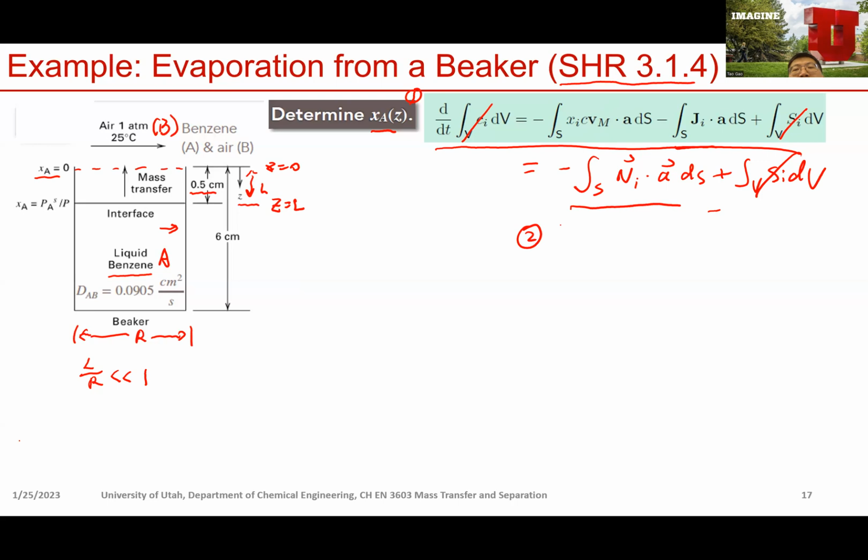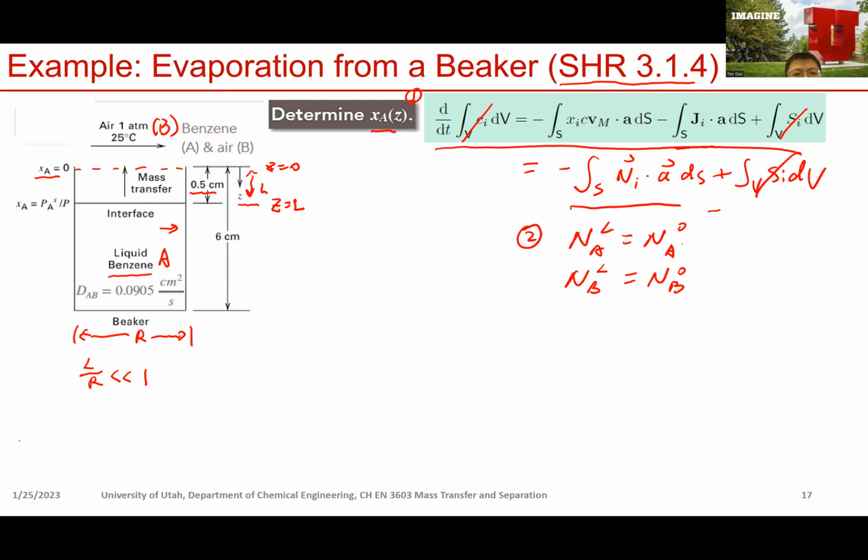If you expand this, you will get NA at L equals NA at 0, NB at L equals NB at 0. Sorry, this is A. So A is benzene, B is air.